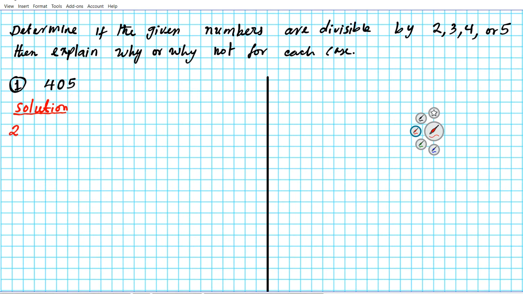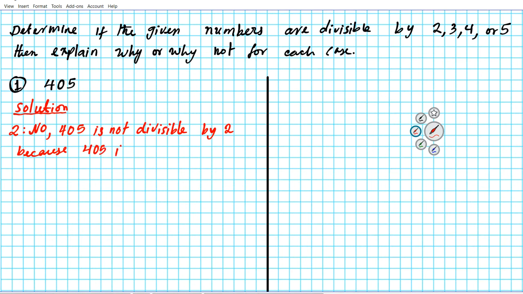Okay, number 2. Is 405 divisible by 2? If you divide 405 by 2, do you have no remainder? That's the question. The answer is no. Why is it that 405 is not divisible by 2? Well, 405 is not divisible by 2 because 405 is odd.